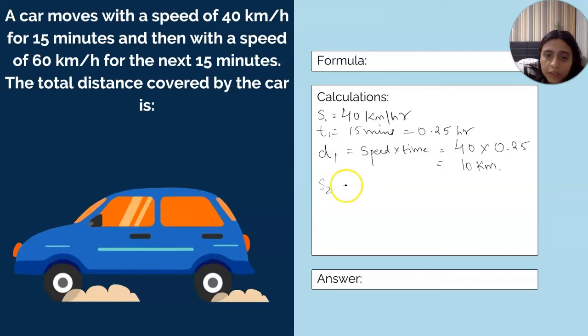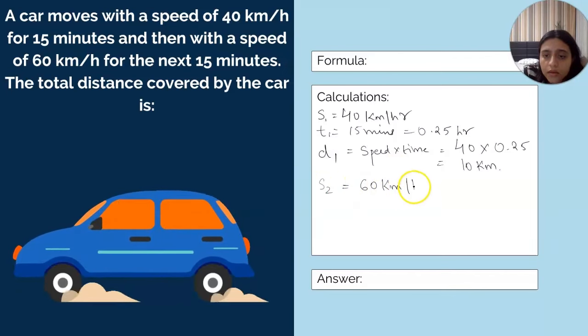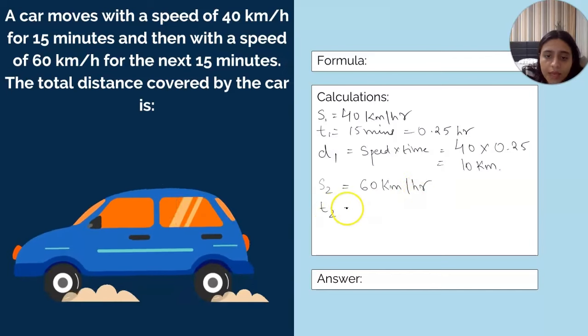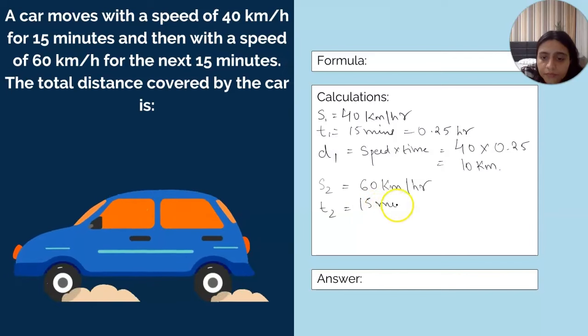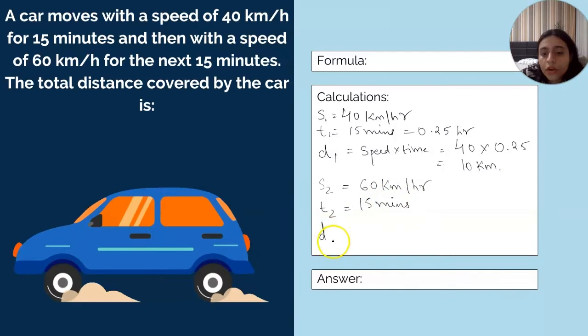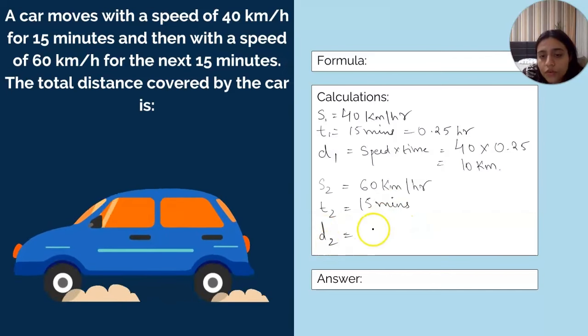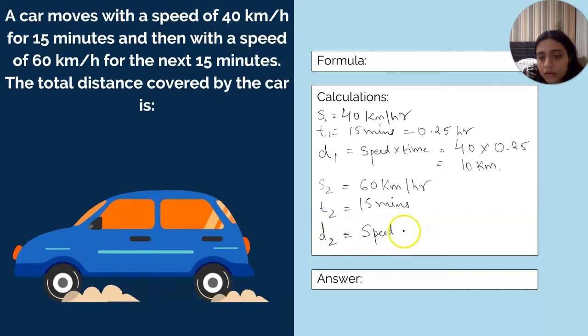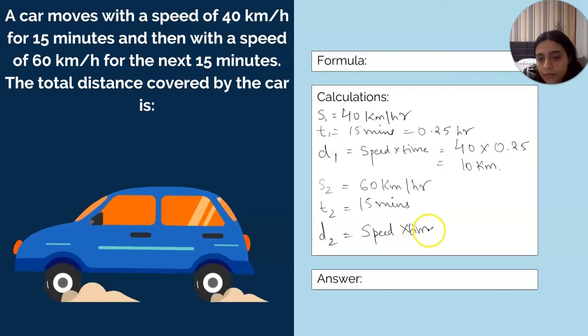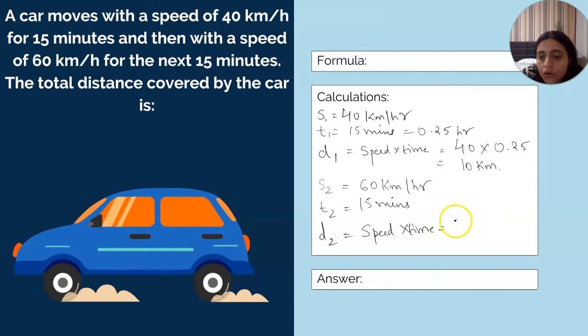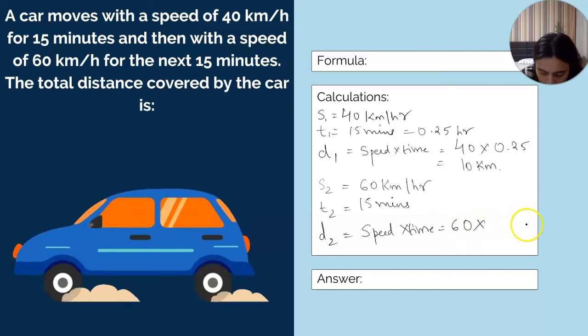Now for speed 2, you need to mention it 60 kilometers per hour, and time 2, which is 15 minutes. All right, so now we're going to calculate distance 2, which is going to be speed multiply by time, and then again you need to change it 60, and 15 minutes will go like 0.25, right?